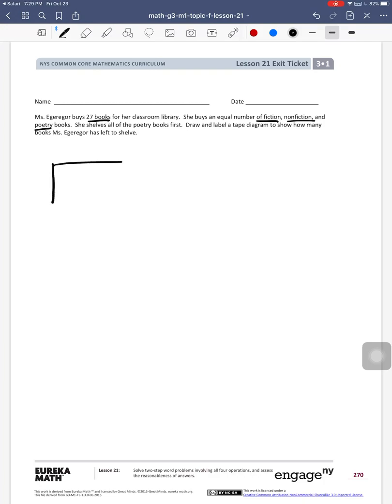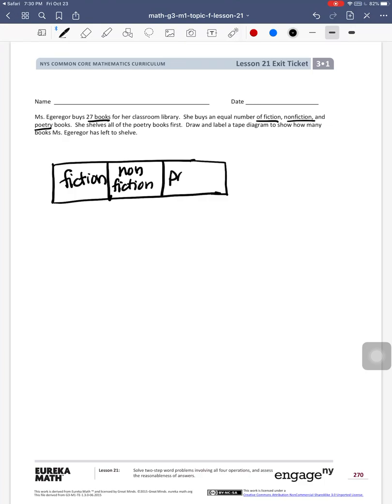So we have this big tape diagram, and we know we have 3 types of books: fiction, nonfiction, and poetry. So that's 3 groups. What's one less than 3? That's 2. So we're going to make 2 lines. And so this will be our fiction. This will be our nonfiction. And this will be our poetry, right? And these we know are the 27 books.